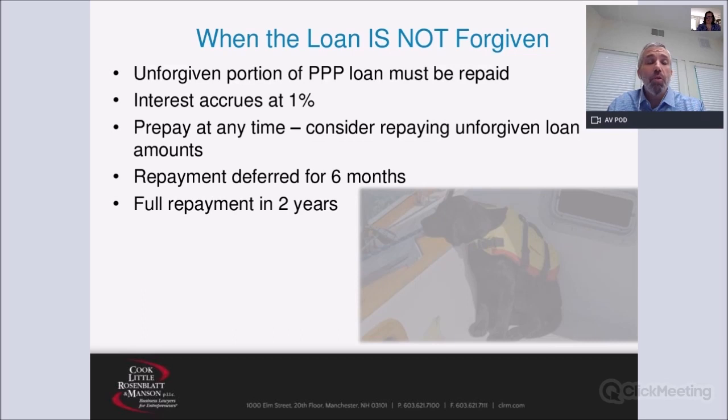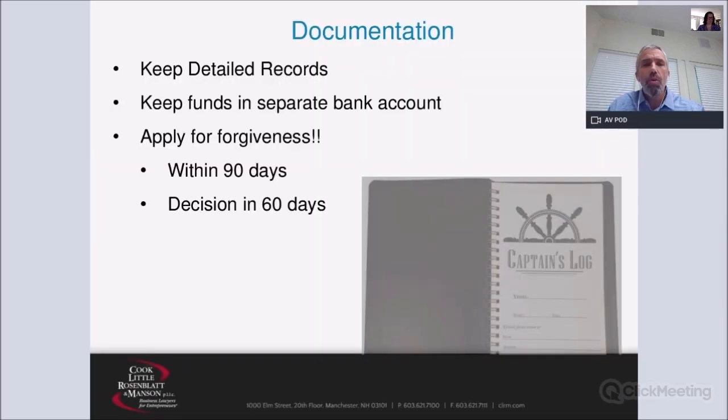You're then in the position of the money's out the door, you can never recoup it, but you also have to pay it back to the government as part of the PPP loan that is not forgiven. So that's why we're urging caution for a lot of our clients to make sure that they're only trying to get forgiven that portion of the loan that is really consistent with the purpose of the PPP program and what they can clearly document.